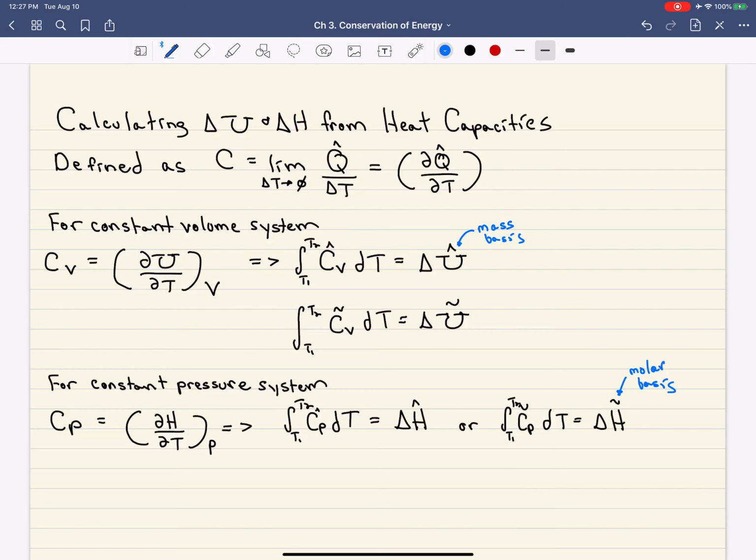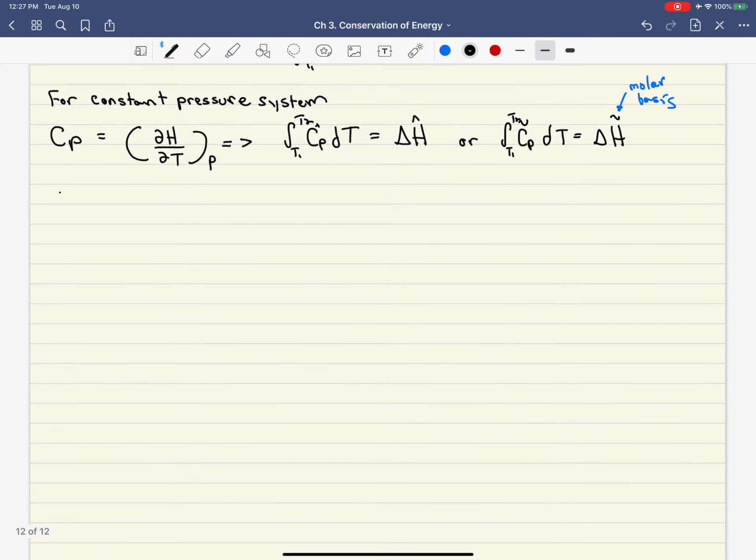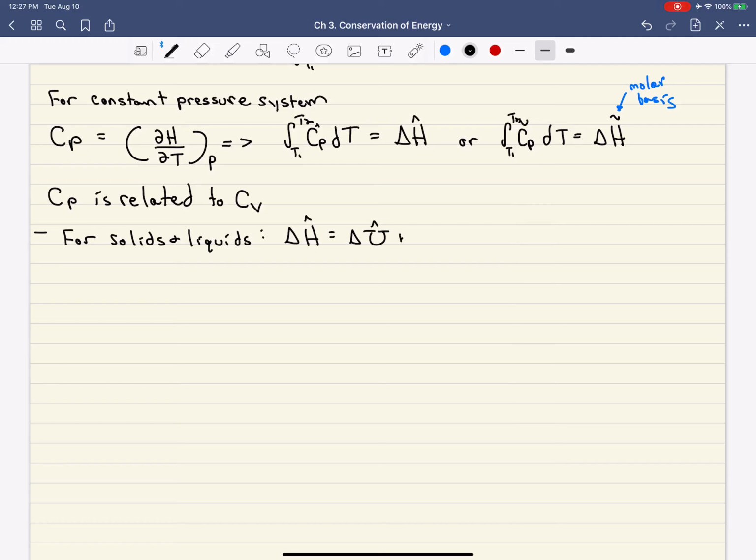Alright, so we have two different types of heat capacities depending on the type of system that we have. But these two heat capacities are related to one another. So Cp is related to Cv. If you're dealing with solids and liquids, then our change in enthalpy on a mass basis, from the definition of enthalpy, we know it's this.